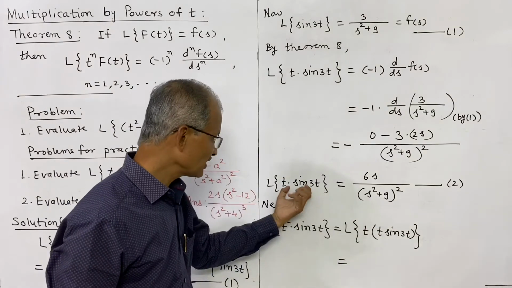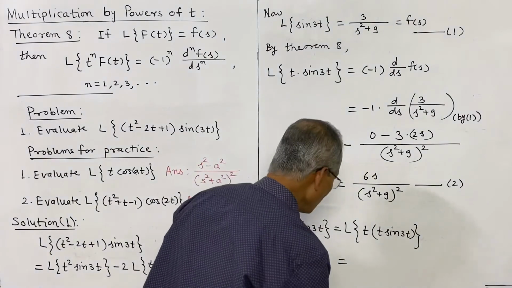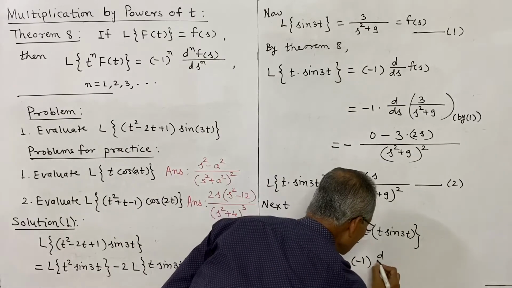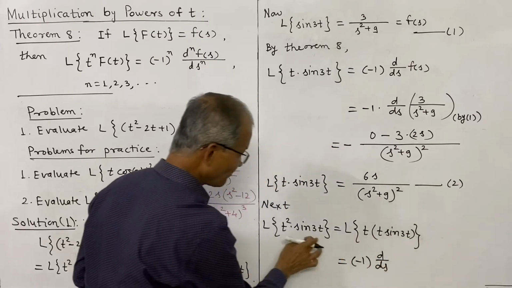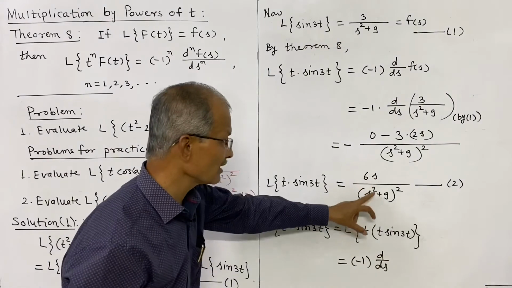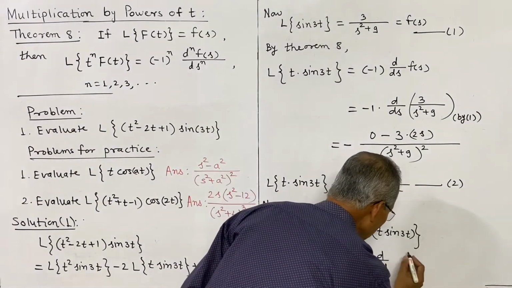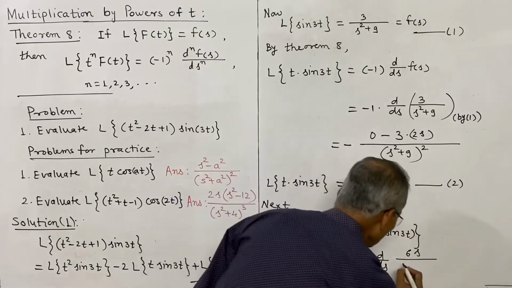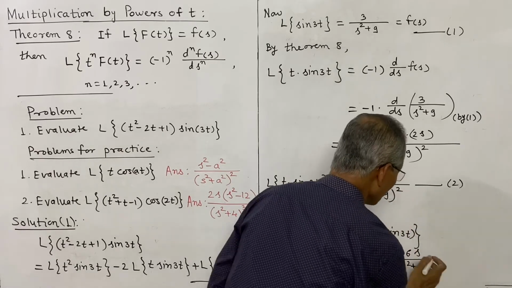See, multiplication by t to this function, and that will be now according to the same result, minus 1 into d/ds of this one, because the function f(t) now is t sin 3t, and its transform is 6s divided by (s² + 9)². So d/ds of 6s divided by (s² + 9)².